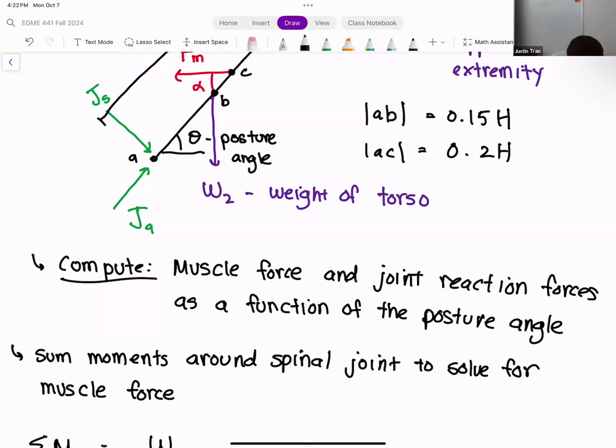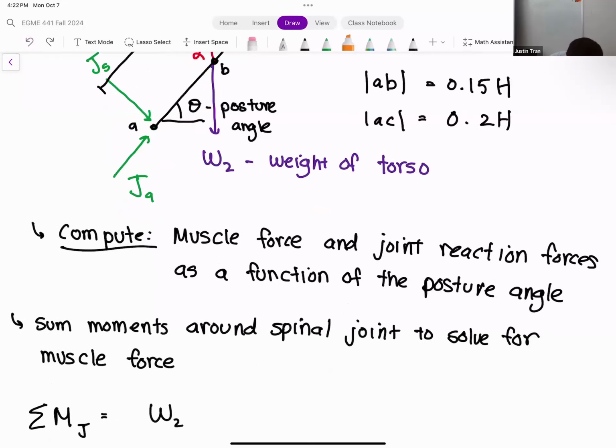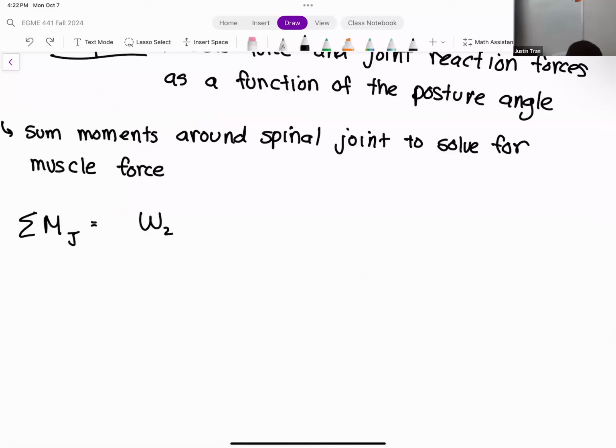So between where the spine acts and W2, we have a kind of hypotenuse length of 0.15 H, okay? And so the horizontal distance of that right triangle is going to be 0.15 H multiplied by cosine of the posture angle. Okay, so we have W2 multiplied by 0.15 H times cosine of theta.